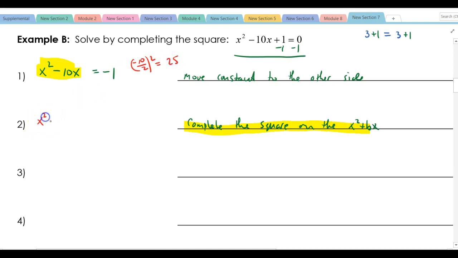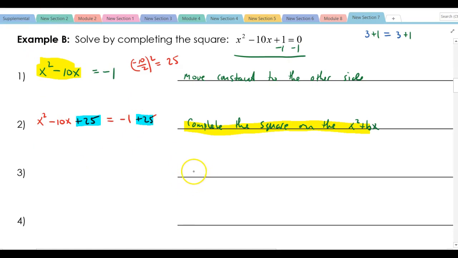So this becomes x squared minus 10x plus 25 equals negative 1. But here's the thing. Since I added 25 to this side, I have to go to the other side and add 25, right? So that's what we use to complete this square.